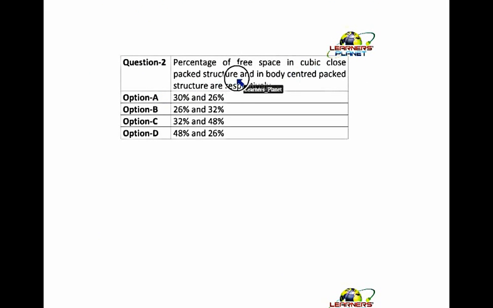Percentage of free space in cubic closed pack structure and in body-centered pack structures are respectively. So what it's asking is free space. You know the packing fraction? The packing fraction of different structures. See, the packing fraction of cubic closed packed structure is 74%, right?